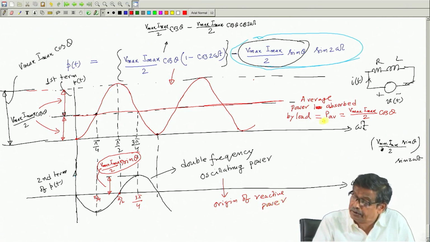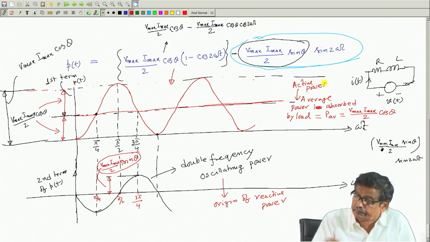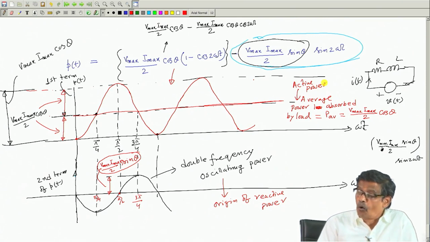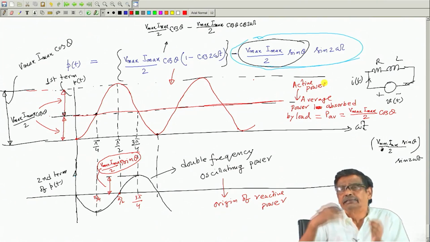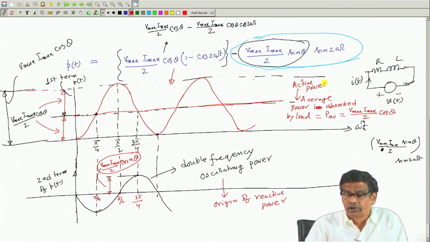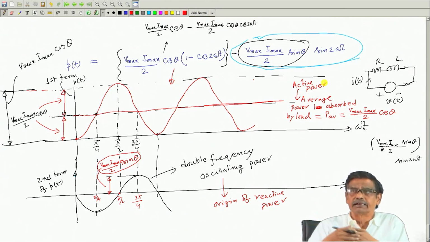And this power which is absorbed by the load or consumed by the load is called the active power.